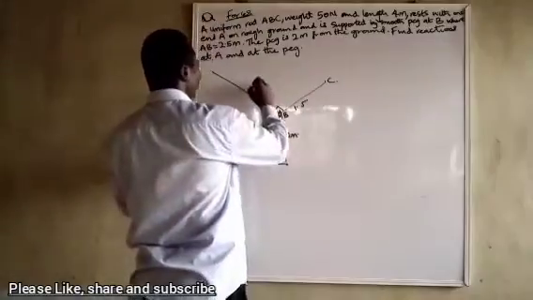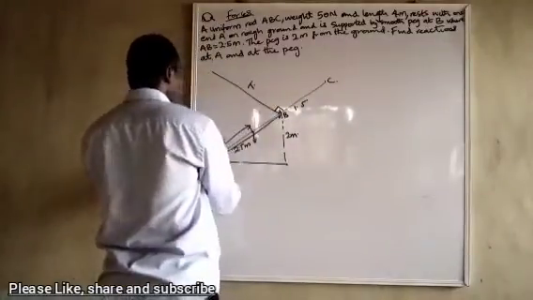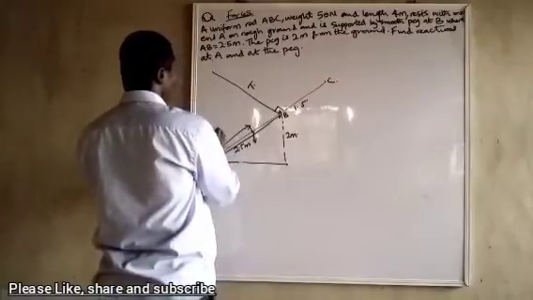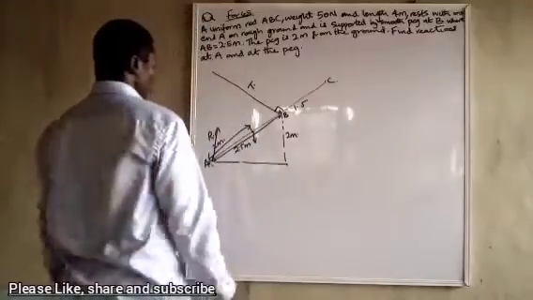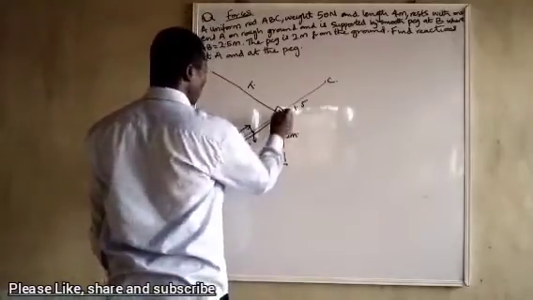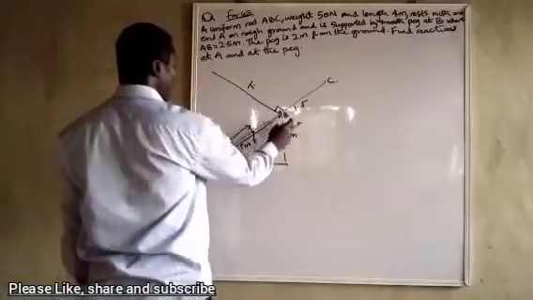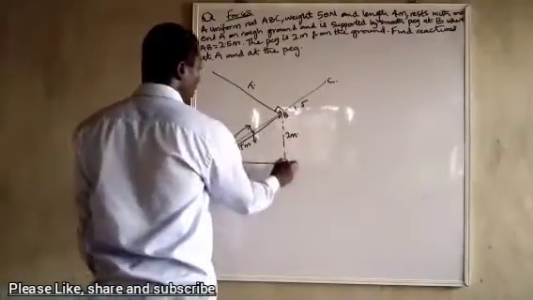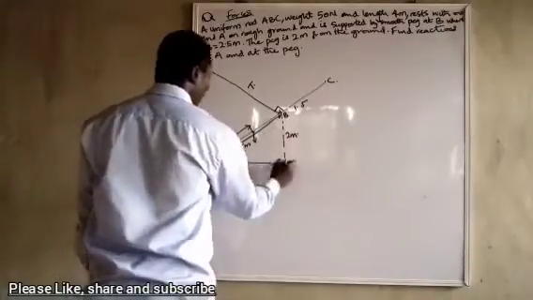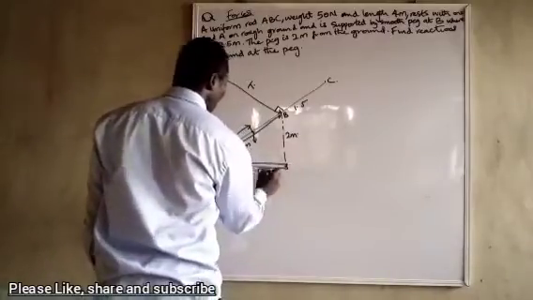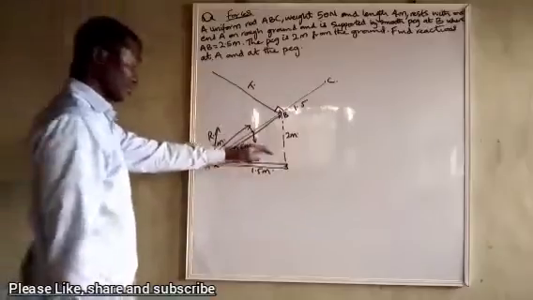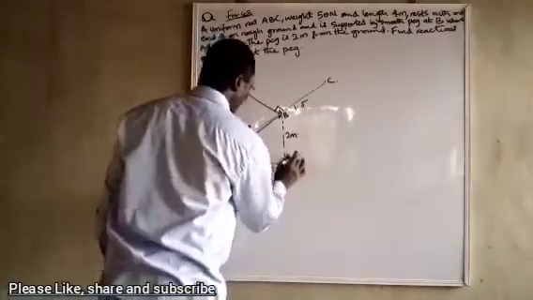Let's call this one T, and we call the reaction at that end R. Since we know this place is 2, this place is 2.5, if we use Pythagoras, we realize that this place to this place will be 1.5 meters. So we have a right angle triangle here.